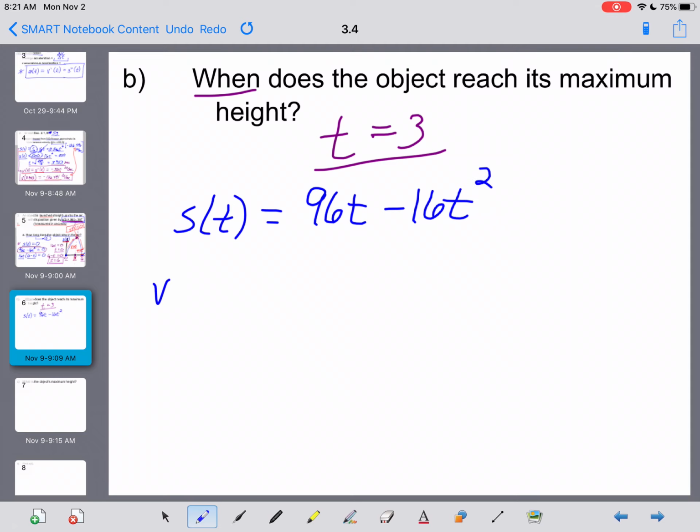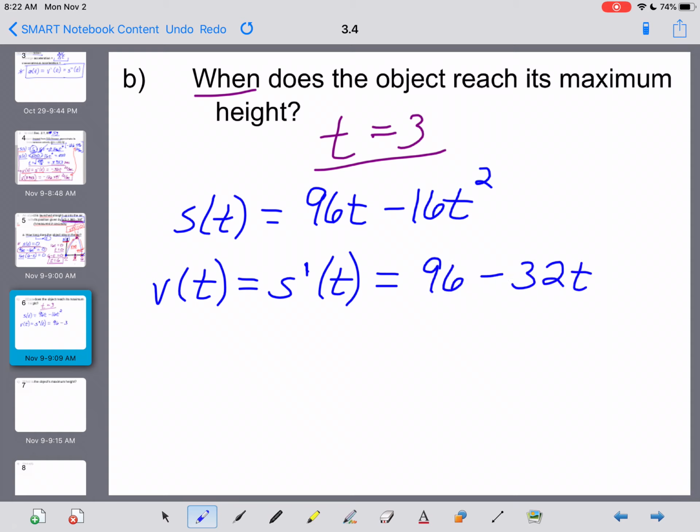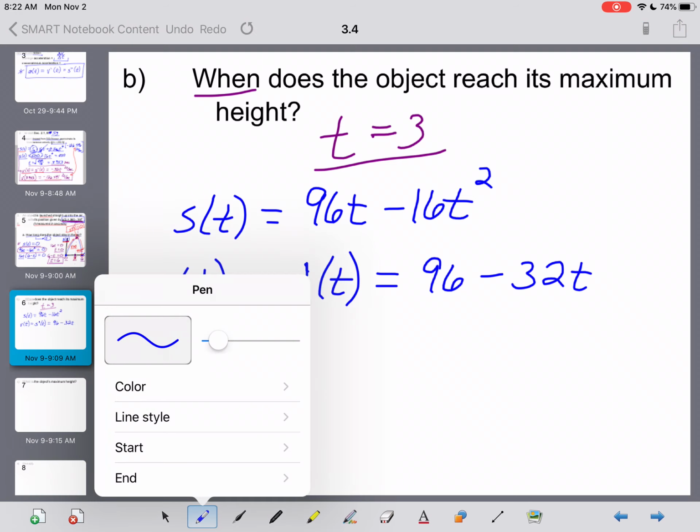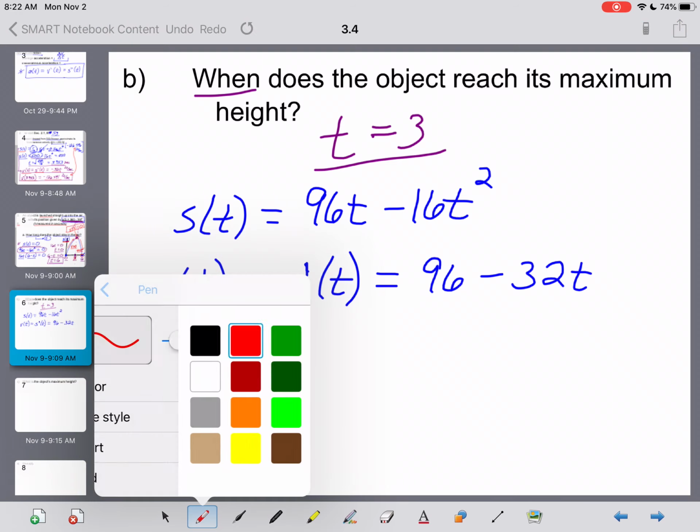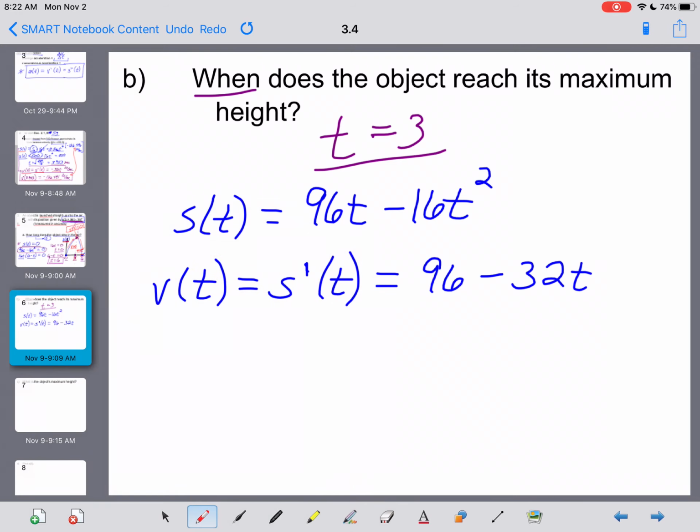We're now going to find the velocity function, which is the derivative of your position function. And the derivative of this function, guys, we're into chapter 3, we can just use our power rule and all of our shortcuts. That is going to be 96 minus 32t. There is your velocity function. And we said that the object's maximum height is going to occur when its velocity is equal to 0.